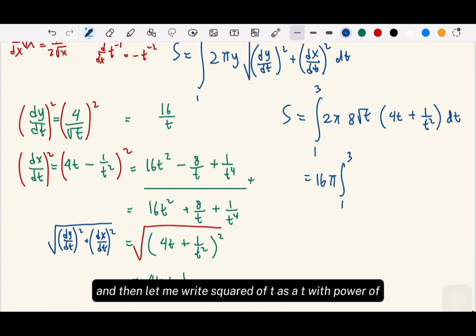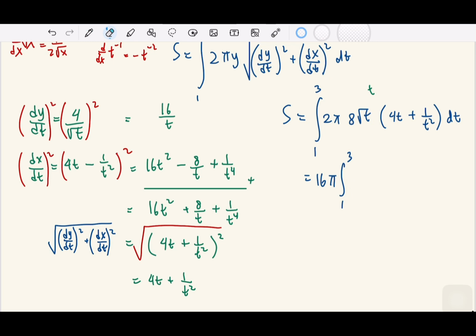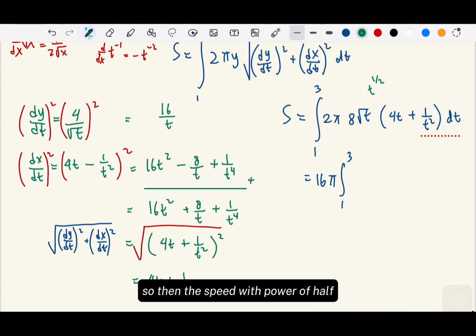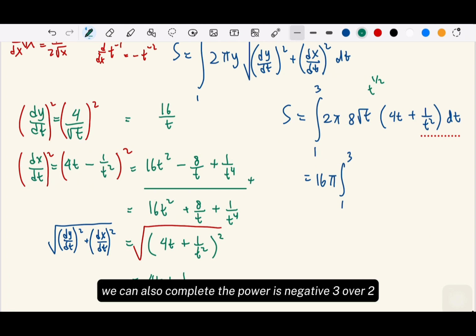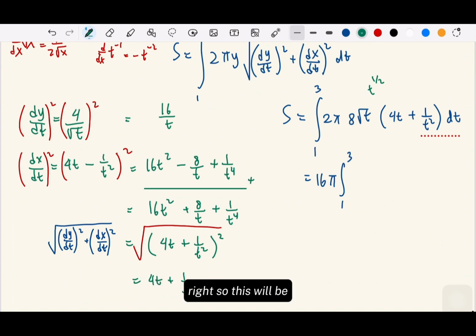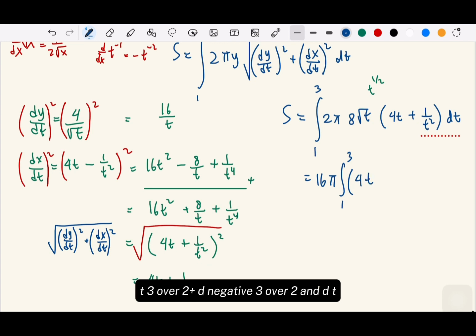Let me write square root of t as t with power of half. If we multiply t to the power of half with t, it will just plus 1, so 3 over 2. And if we multiply with t to the negative 2, we can also compute the power. It's negative 3 over 2, right? So this will be 4, let me put a bracket, t to the 3 over 2 plus t to the negative 3 over 2 dt.